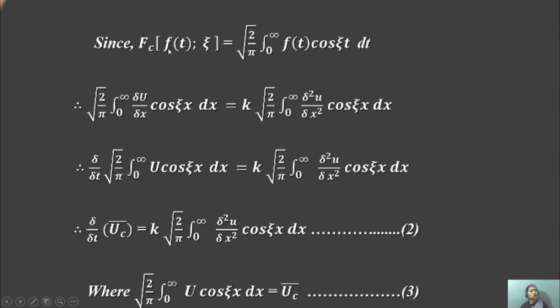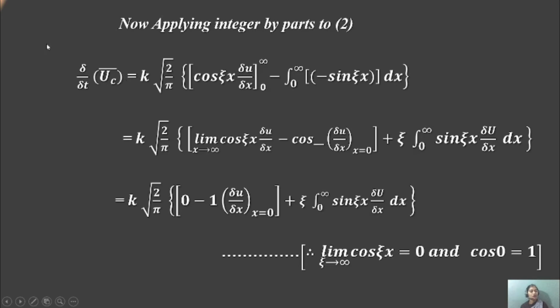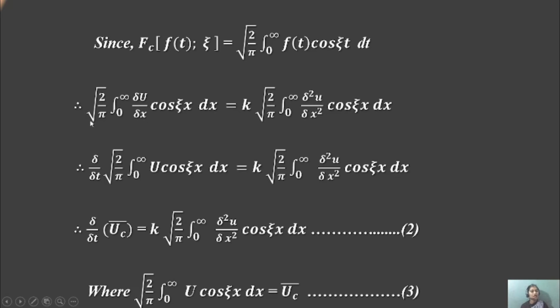Then the Fourier cosine transform of f(t) equals square root of 2/π integration 0 to infinity f(t) cos ξt dt. Then the values will be put into this equation: square root of 2/π integration 0 to infinity, first the value ∂u/∂x cos ξx dx.